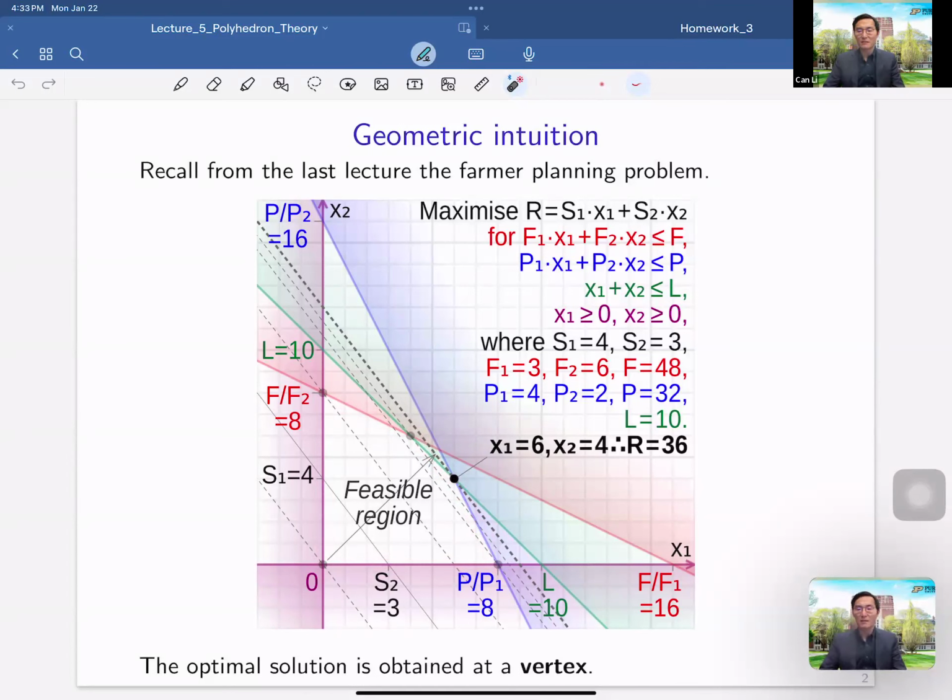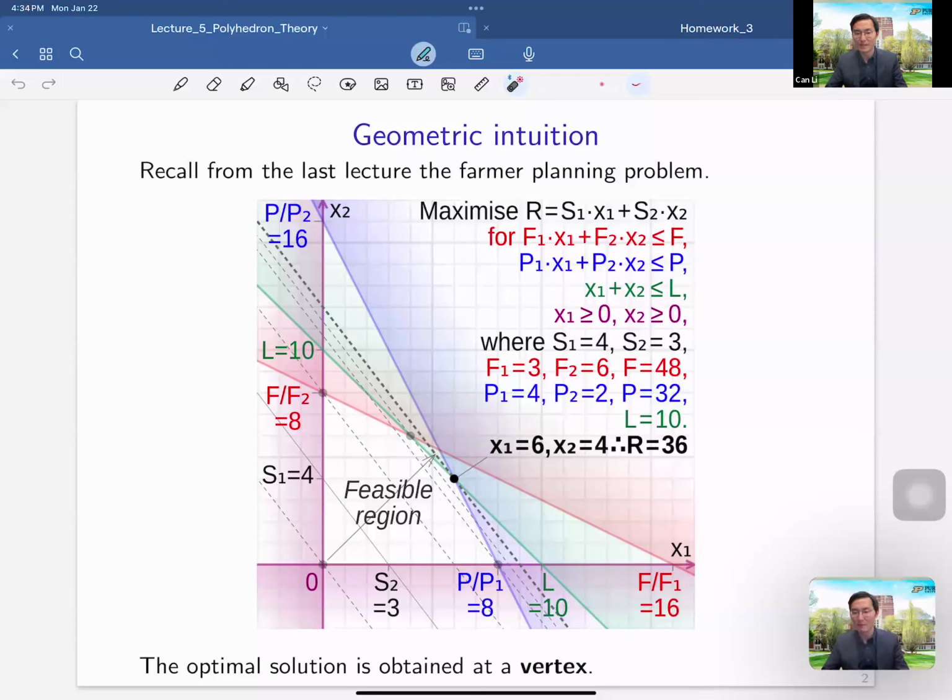But then we observe that for this very simple problem, the optimal solution is at a vertex of this region. Remember, we were showing the contour lines of this problem. Essentially, to find the optimal solution, you are moving these contour lines upwards towards this direction until you hit a point here that is the only feasible point, and that will be the optimal solution.